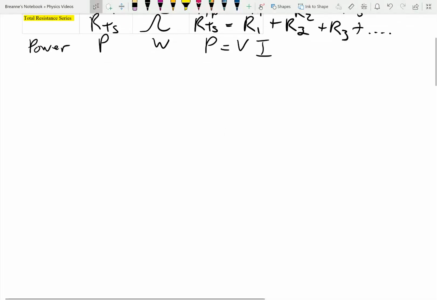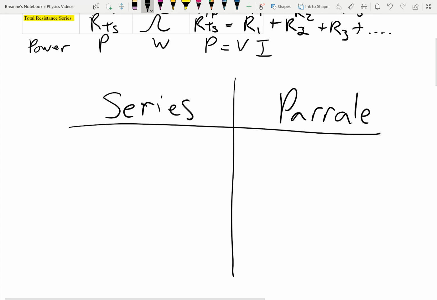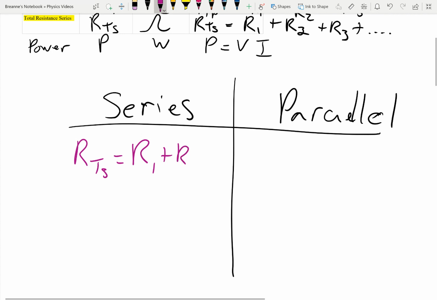Now in this area right here, I'm going to do a T-chart telling the difference between series and parallel circuits. So for series circuit, your resistances are just added up like I stated before, and you just add up as many as you have.